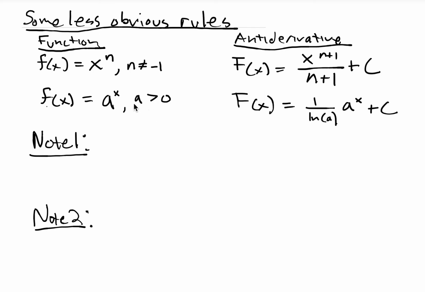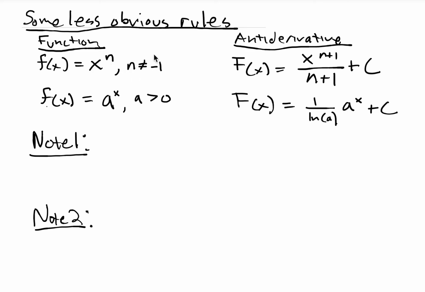Now, a couple comments on these little side restrictions that I have next to these rules here. First off, your general exponential function, we only ever work with that when we're dealing with positive constants on the base. So that's what that restriction's about. This one up here, if we think about it, we can maybe see why this is a common sense restriction. When n is the number -1, that means I've got x to the -1 power. Another way to rewrite that is 1 over x.